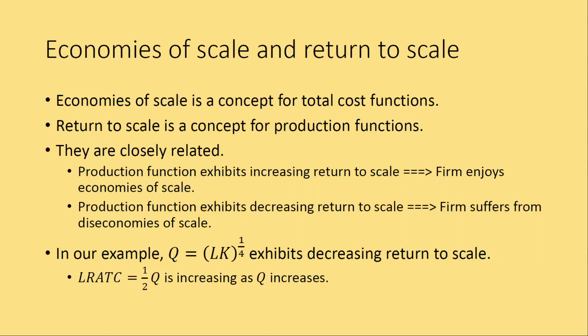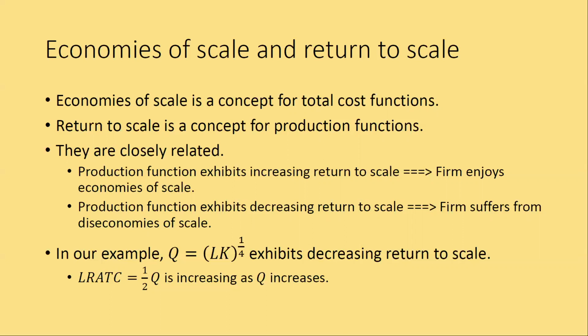Conversely, if the production function exhibits decreasing return to scale, the firm will then suffer from diseconomies of scale. So when the production function has decreasing return to scale, the more output the firm wants to produce, the higher the average total cost the firm will have to incur, and that is diseconomies of scale.